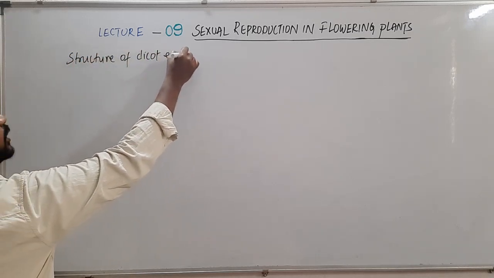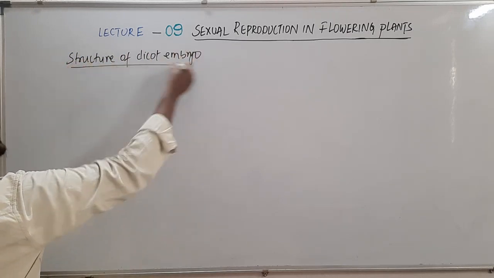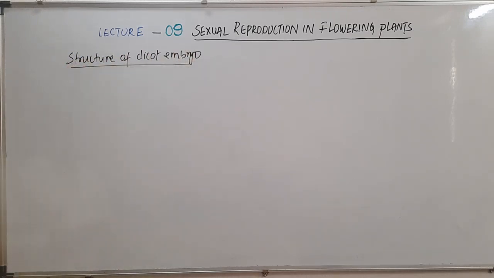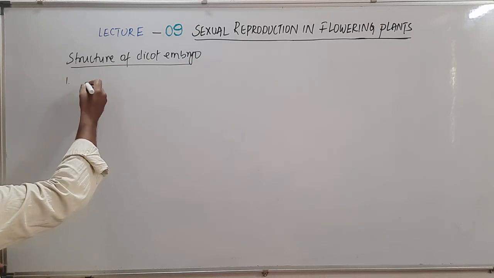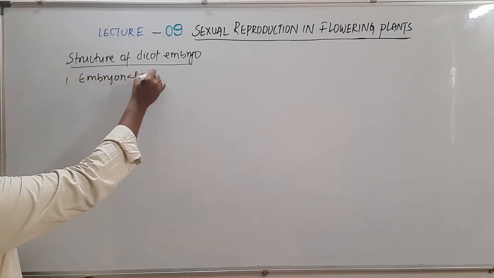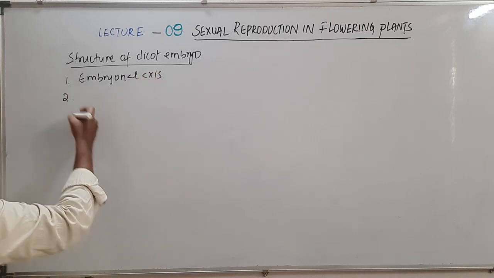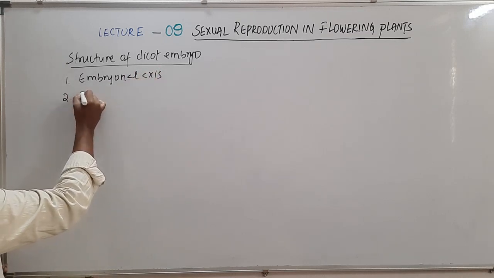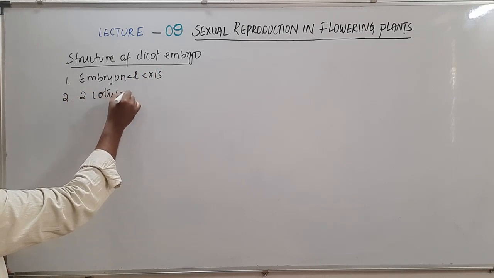dicot embryo. Now, in a typical dicot embryo, it shows mainly two parts, one embryonal axis and another one is cotyledons. So there will be two cotyledons.